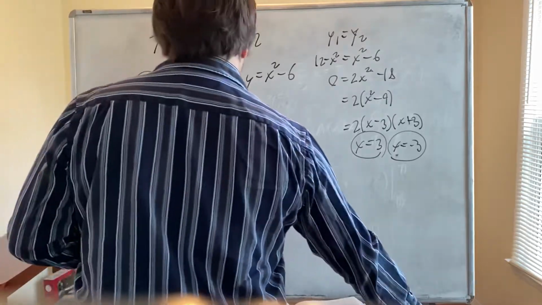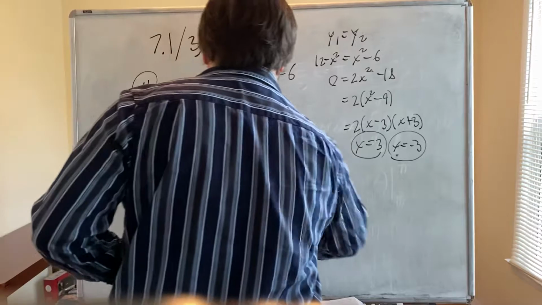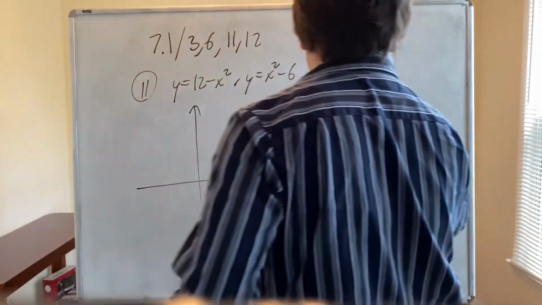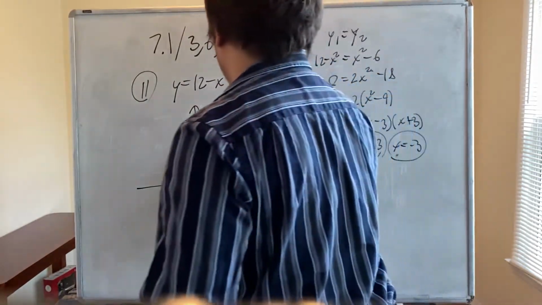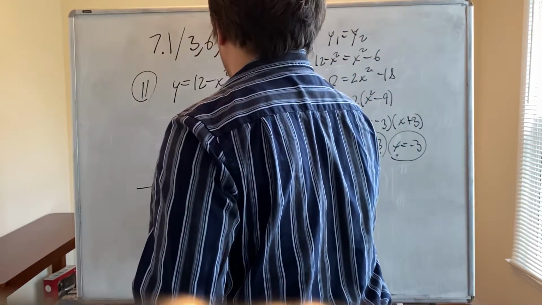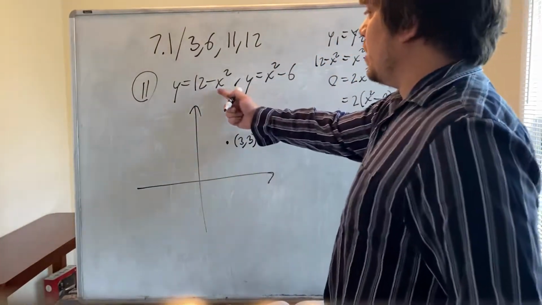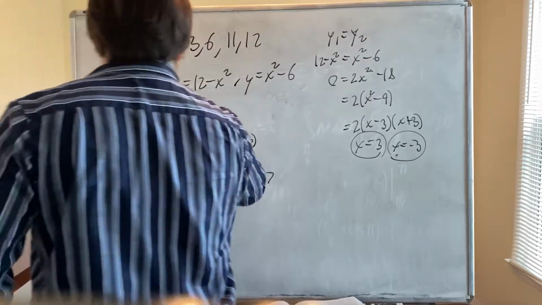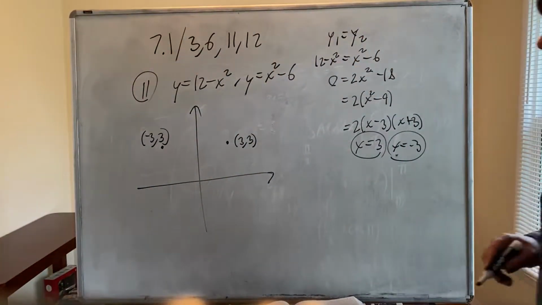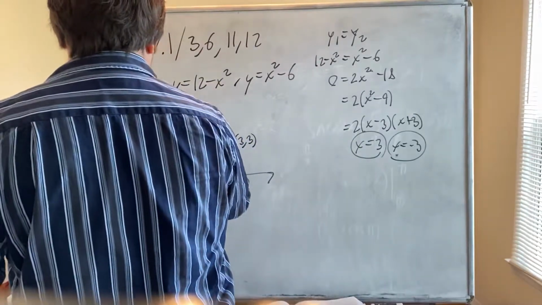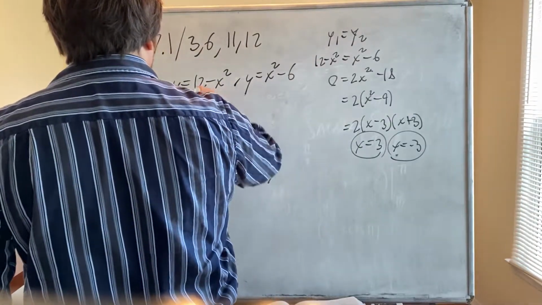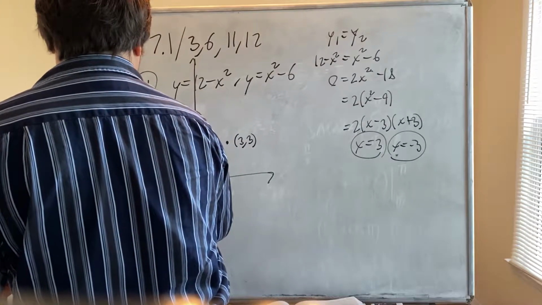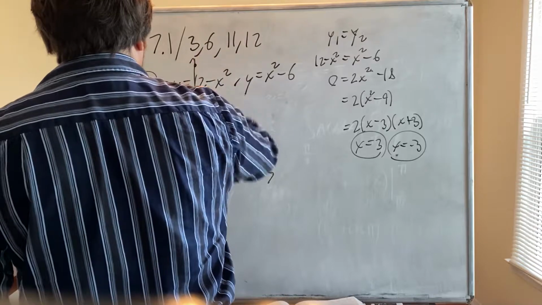So I'm going to redraw this graph where the graphs line up, matching their intersection points. So when x is 3, you get y is 3. You have 3, 3. When x is negative 3, you also get y is equal to 3. Those are the two intersection points of the two graphs. So 12 minus x squared, I'm going to have up here.